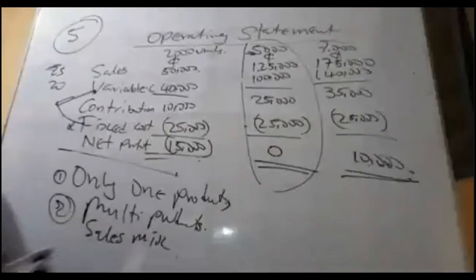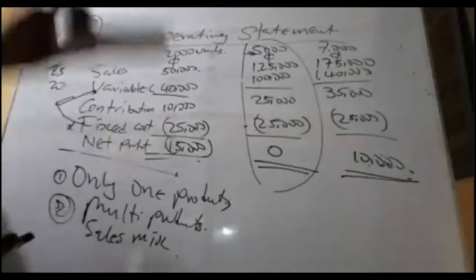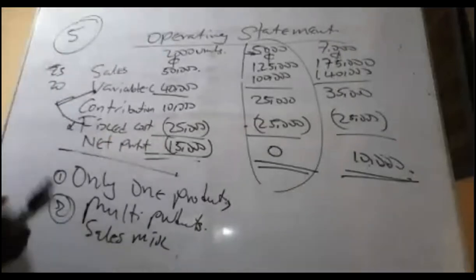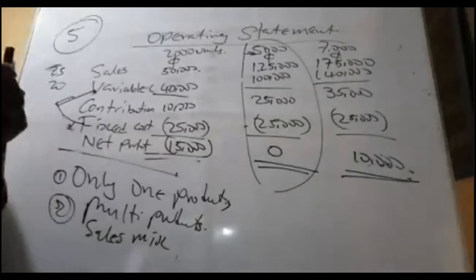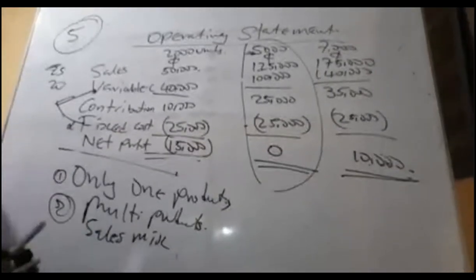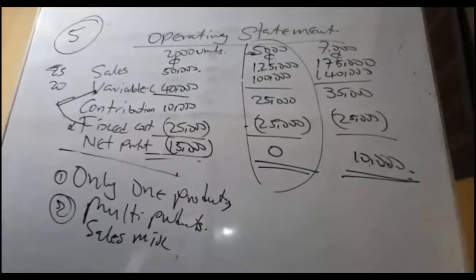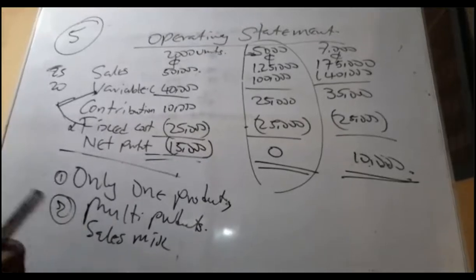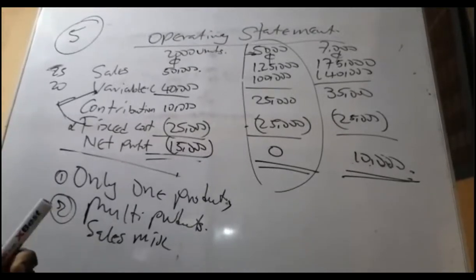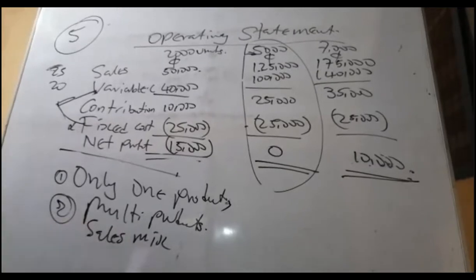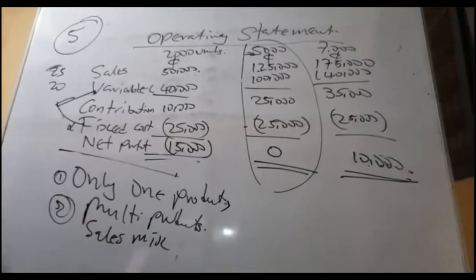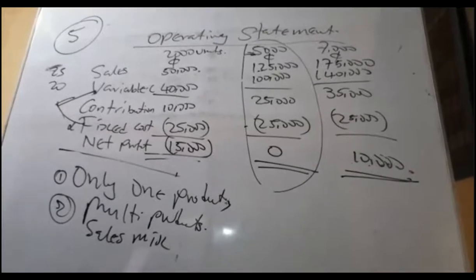That's a sales mix and it's constant. So if I sell 1 duster, before I sell one again, I have to make sure that I've disposed of 4 markers. Is it true that you have to dictate what the customer should buy? No, if the duster is what they want, they'll buy the duster and leave the marker. So that's why I'm saying none of this assumption is true in reality. So that is it.